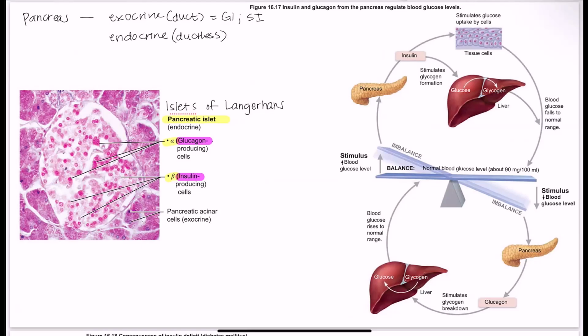Glucagon and insulin work as antagonists, which means their actions oppose each other. Glucagon is released when blood glucose is low. So I'll use my red pen. Blood glucose is low, and insulin is released when blood glucose is high.